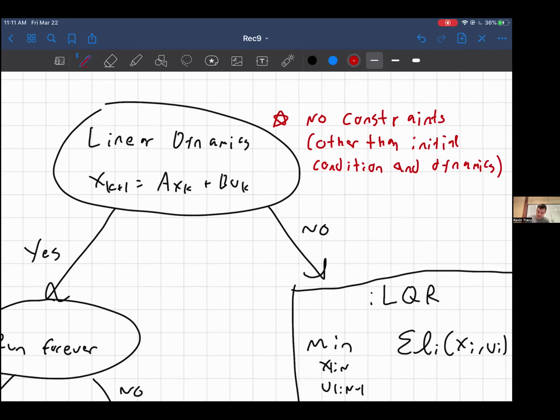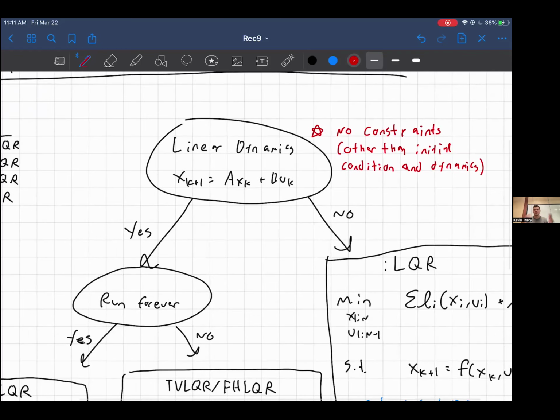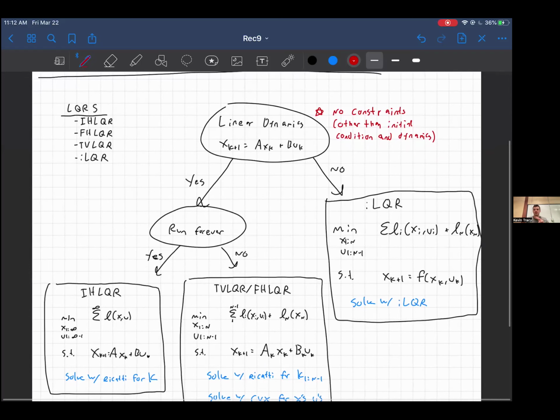So those are the two constraints I can handle. I can handle the initial condition, which is just x naught equals x naught, and then the dynamics constraints. But any other constraint, I'm not going to consider with these. So this is input constraints, so bounds on u, or is it going to be state constraints or collision avoidance constraints? Whatever it is, I can't solve with this.